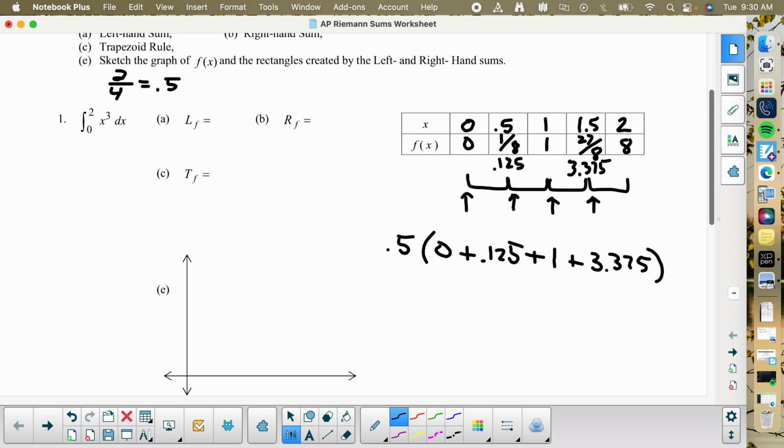You do width times height. So 4.5 over 2, 2.25? Yep. So the left-hand endpoint, 4 intervals would give us 2.25.